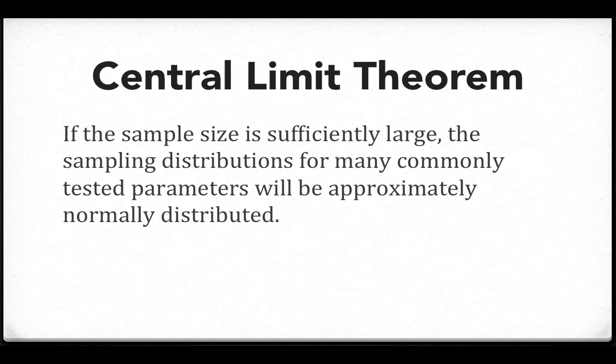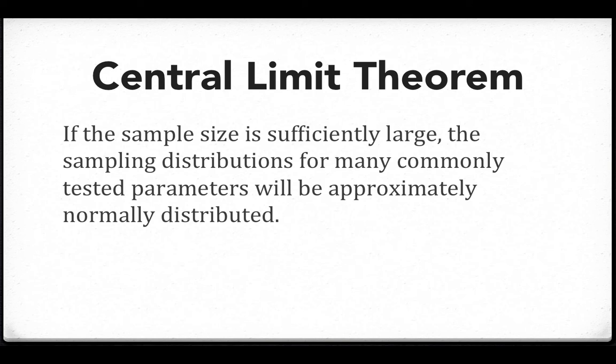This brings us to the central limit theorem. This states that if the sample size is sufficiently large, the sampling distributions for many commonly tested parameters will be approximately normally distributed. So far, we've used inferential procedures for one sample mean, one sample proportion, the difference in 2 means, difference in 2 proportions, slope of a simple linear regression model, and Pearson's r correlation.